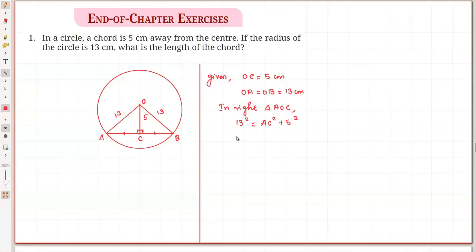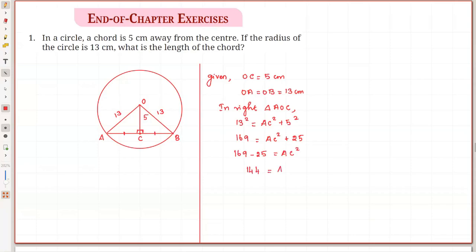13 square is 169, equal to AC square plus 5 square, which is 25. Now take this 25 to this side: 169 minus 25 is equal to AC square. 169 minus 25 is 144.